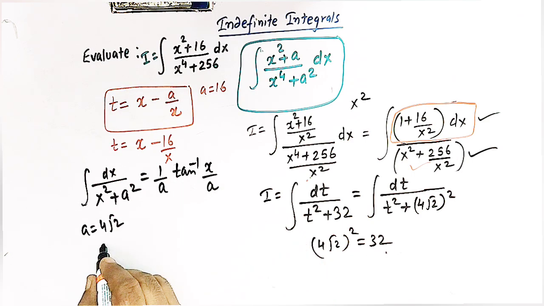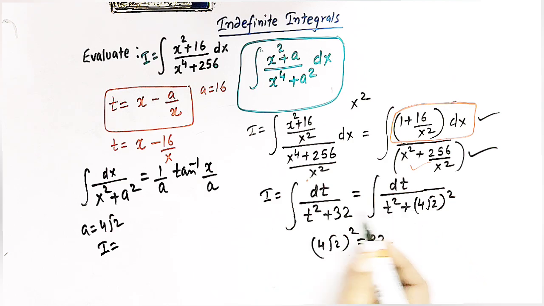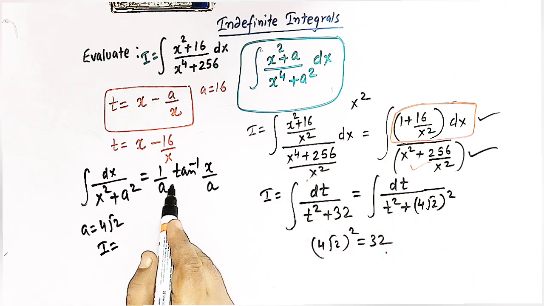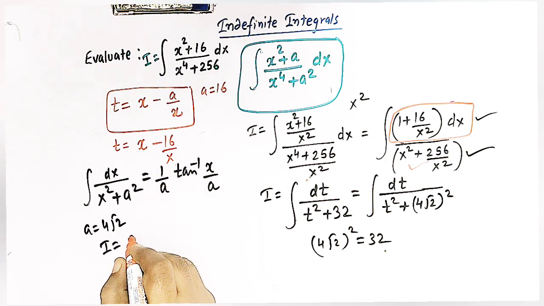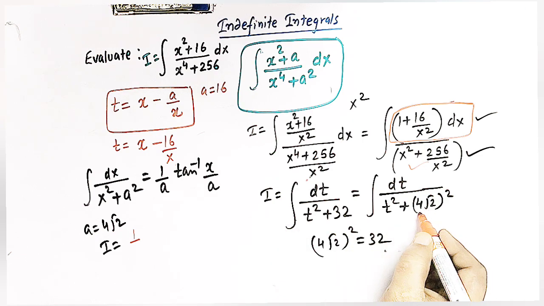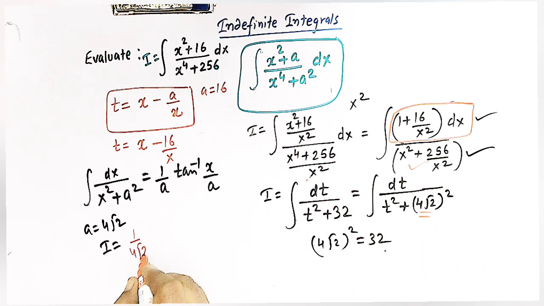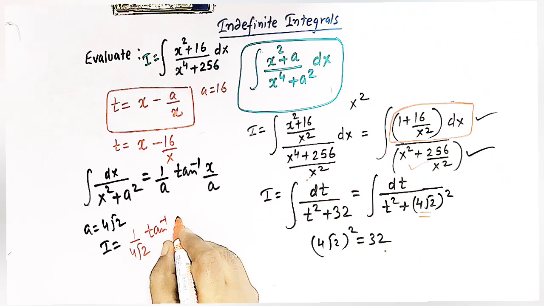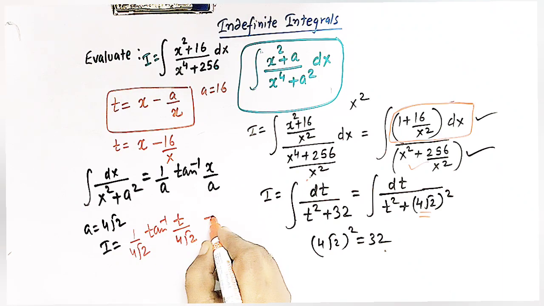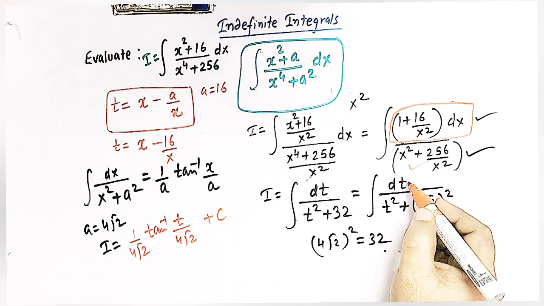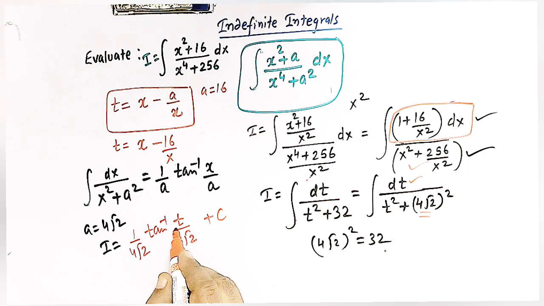So now this integral I can be expressed using this result. So we have 1 over a is 4 root 2, then we have tan inverse t over a is 4 root 2, and c is the constant of integration, right? So here this integral has the variable t, that's why here we have the variable t.